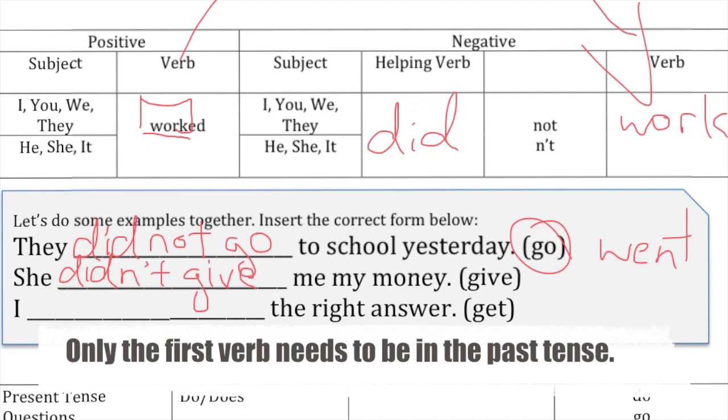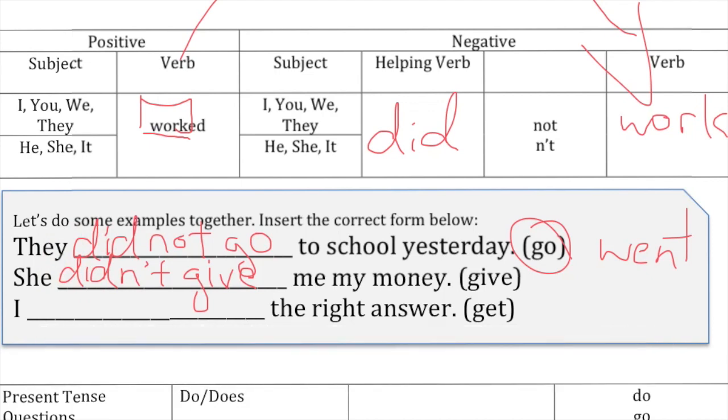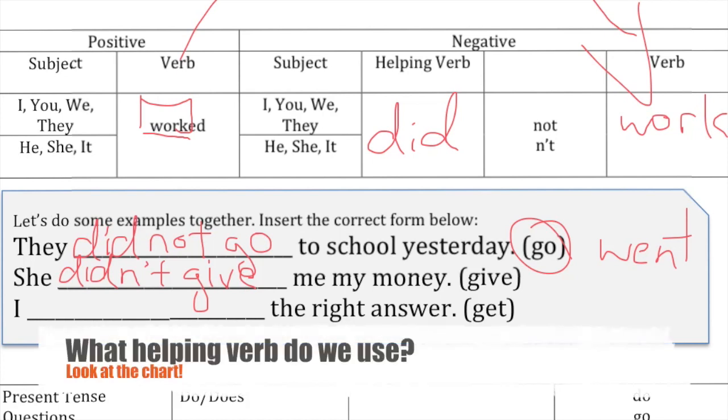You don't need to tell me twice that it was in the past. Not for this tense. So, I blank the right answer. And the verb is get. Why don't you try this time? First step, you need to have the helping verb.